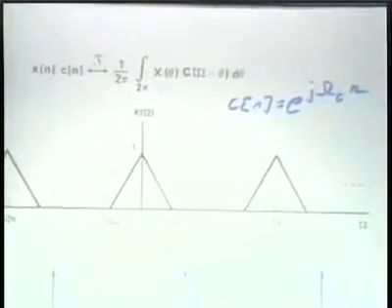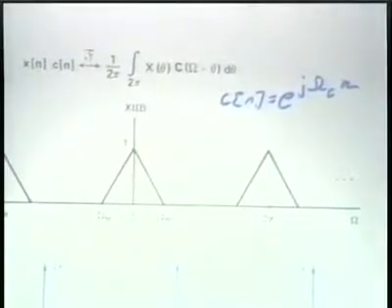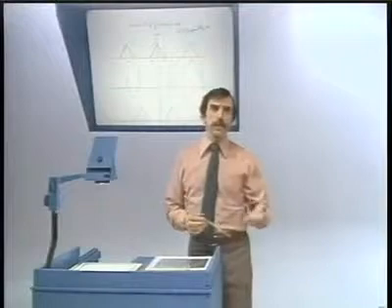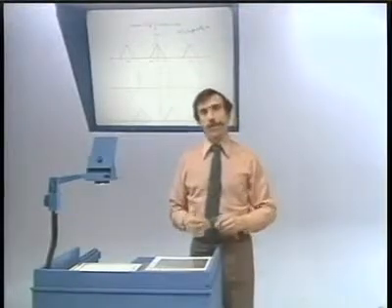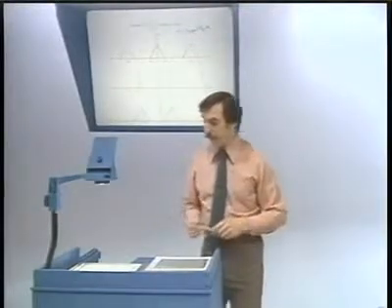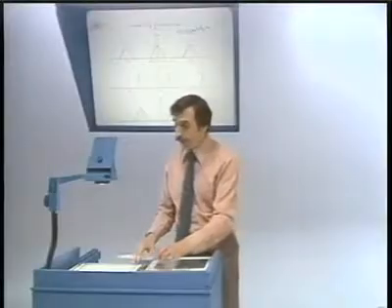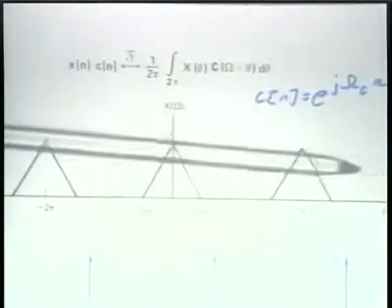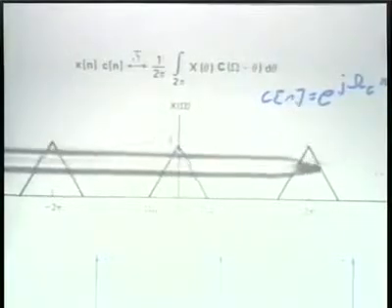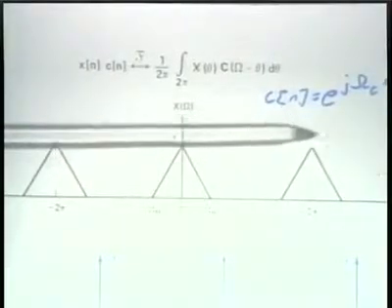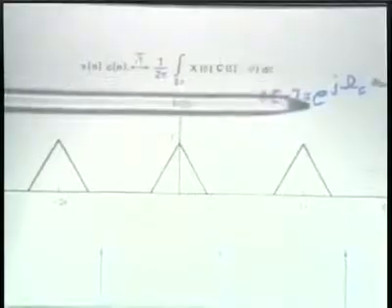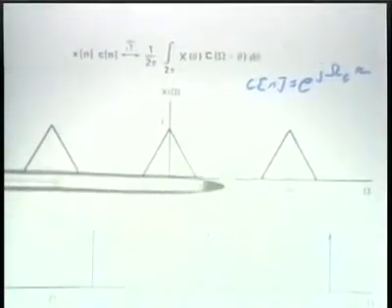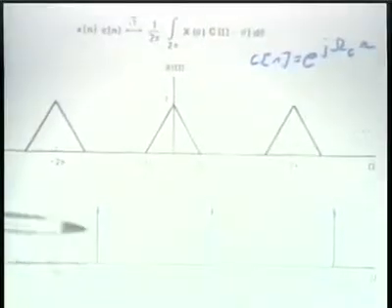And let me stress, by the way, as I did in the continuous time case, that I'll tend to suppress the phase angle, which, of course, can be associated with the carrier also. All right, so we have then the spectrum of the modulating signal. The spectrum of the carrier signal, if this is the carrier, then its spectrum is an impulse train, and that impulse train I've indicated here.